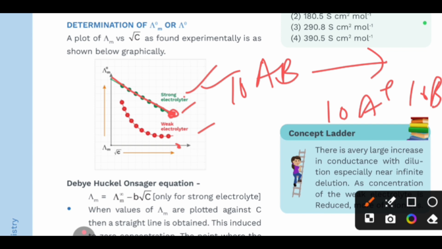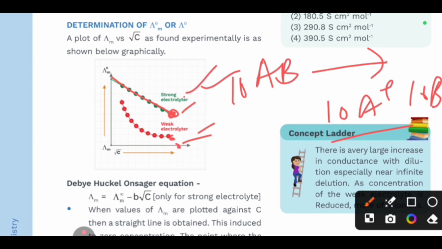It means there is no interionic resistance. On dilution the two ions separate from each other and there is no interionic attraction. As a result of this, conductance increases.